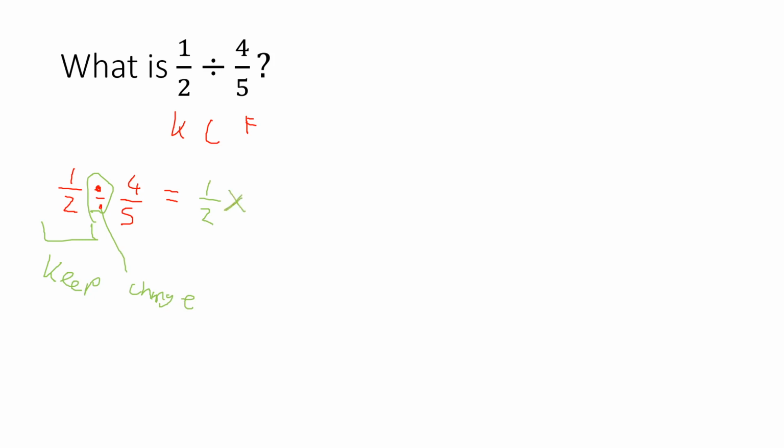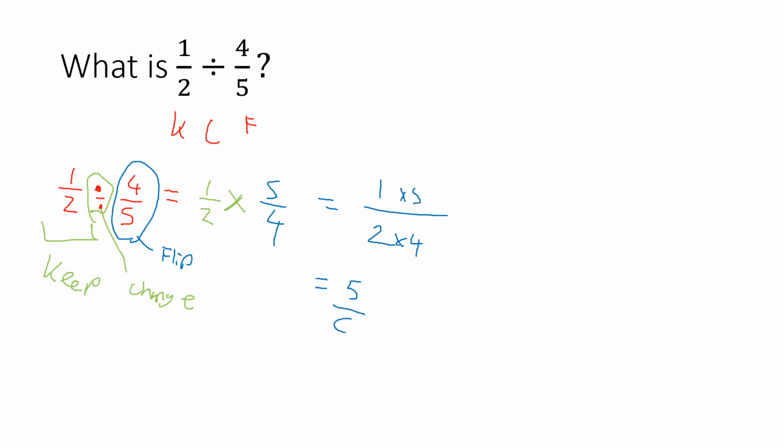And finally, we're going to flip this fraction here. So this is the same as 5 over 4. And just like the previous slides, all we're going to do is multiply top and bottom. So 1 times 5 divided by 2 times 4, which is the same as 5 divided by, what's 2 times 4? 2 times 4 is 8.